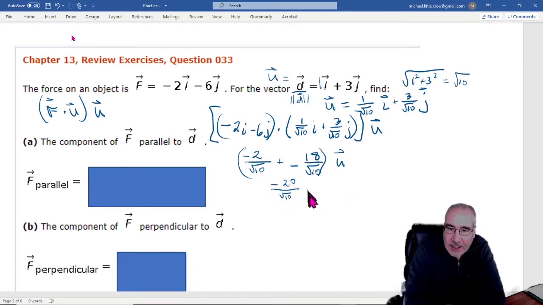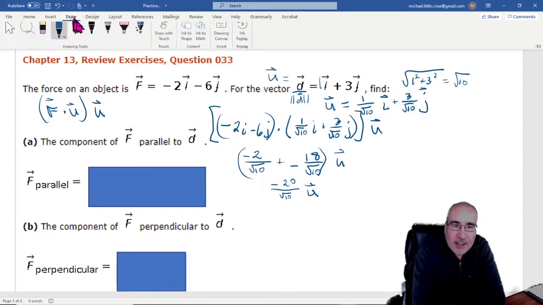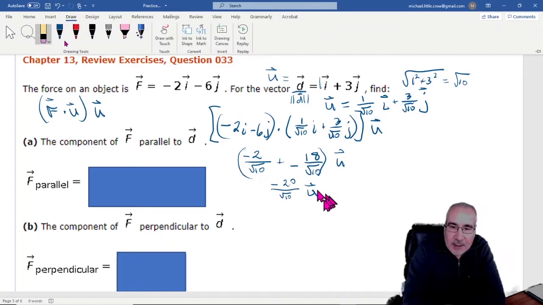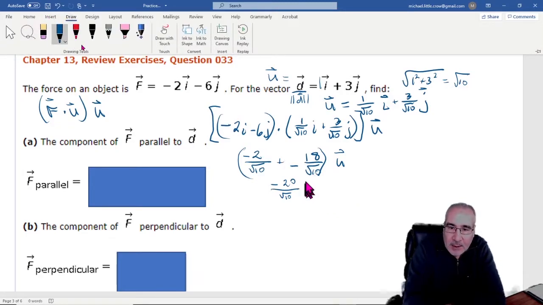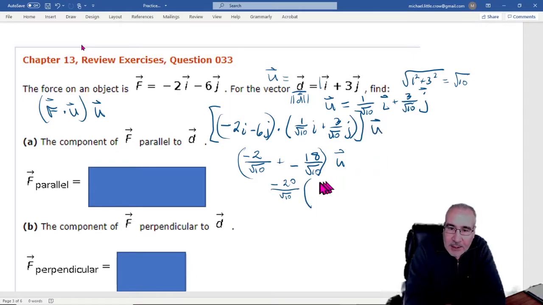Okay, and then we multiply that by u. And what's u? It's up here. Why don't I make it a little clearer and write it in component form. We're multiplying by the unit vector again.